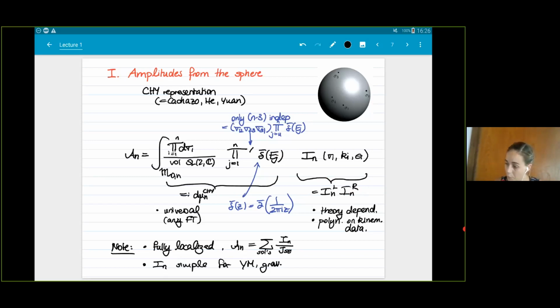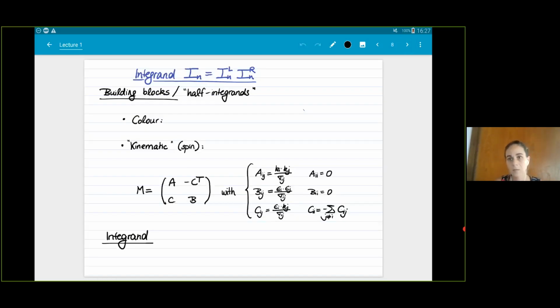Okay, with that preamble, let me actually tell you what this integrand is for the theories that we're usually interested in. In this case, I'm going to give it to you for the bi-adjoint scalar because that naturally fits into the picture, and Yang-Mills theory and gravity.